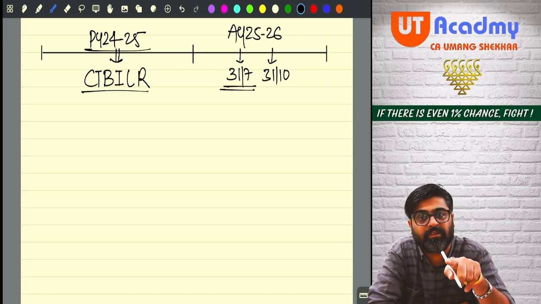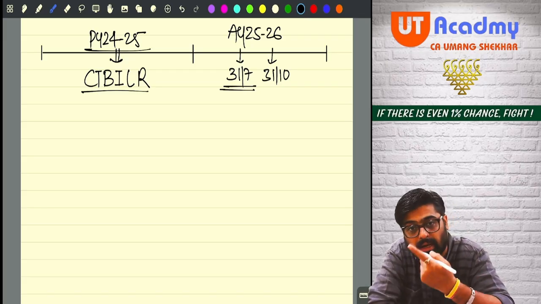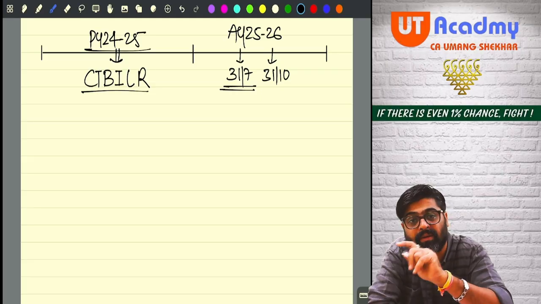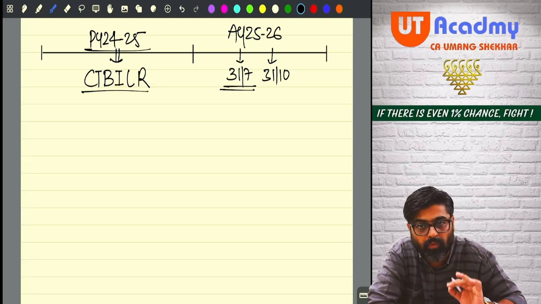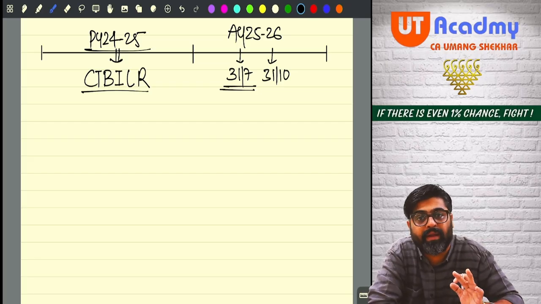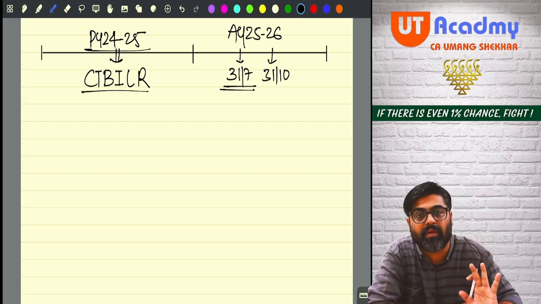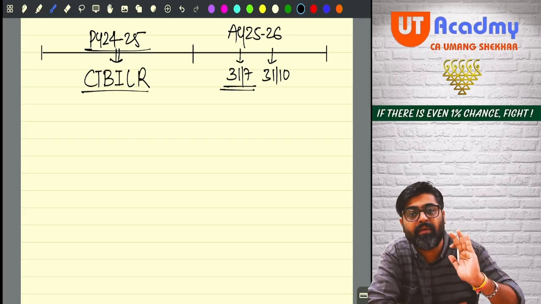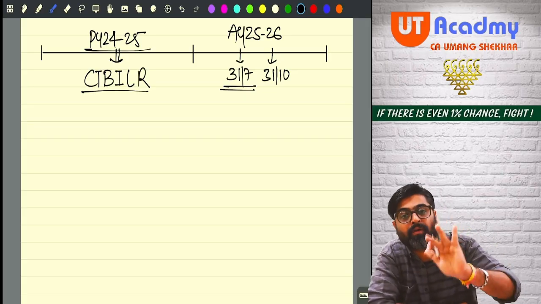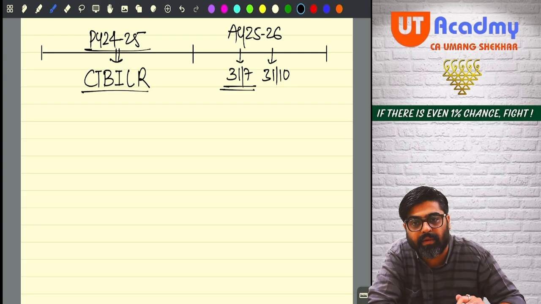Only then these expenses will be allowed as a deduction from the current year's income, meaning from the income of the previous year 24-25. So if you want to claim these expenses as a deduction out of the income of 24-25, they have to be paid in 24-25 itself. If not 24-25, then at least before the due date of filing return of income for 24-25.